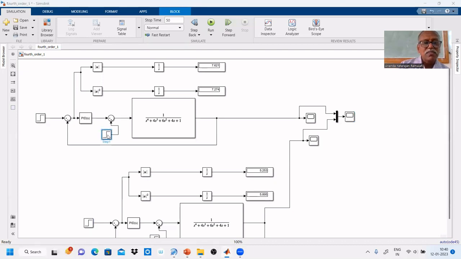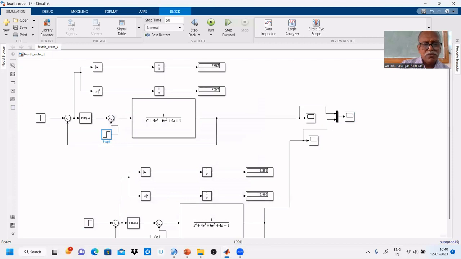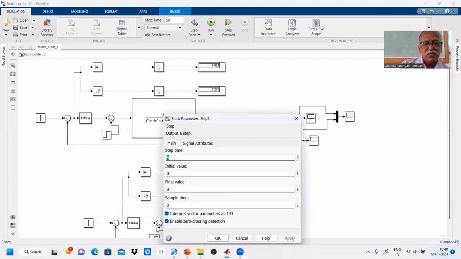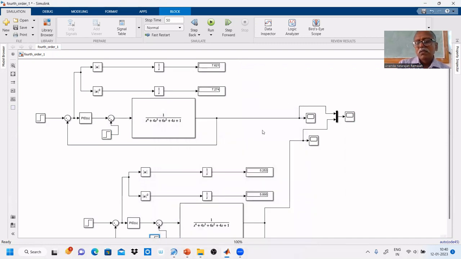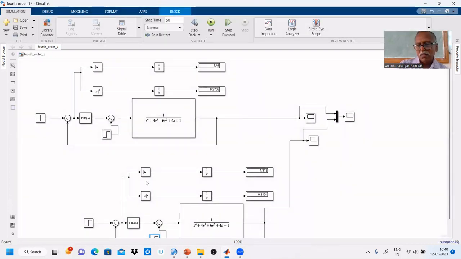We have to give the disturbance at 5 seconds, though you can give it at any time. Let us give the disturbance at 5 seconds. We are giving 1. Here also the final value is 1. That's all. Now let us simulate.